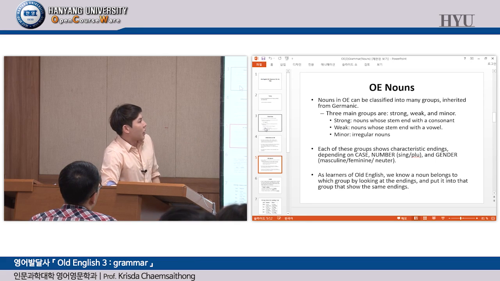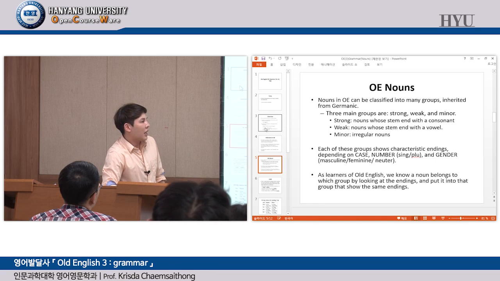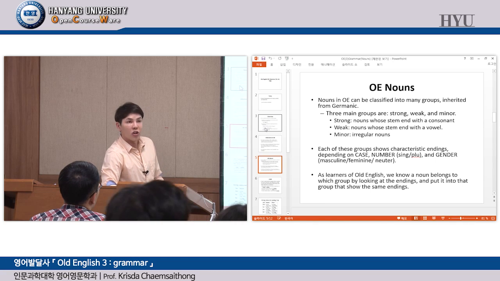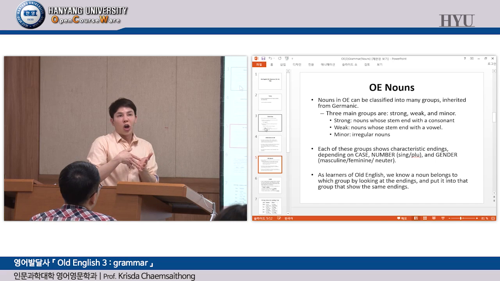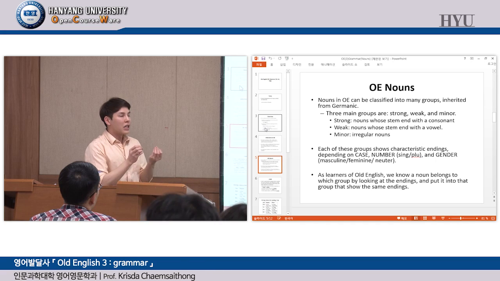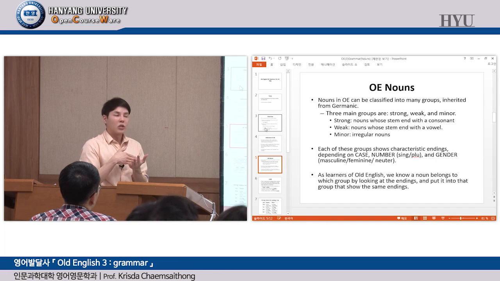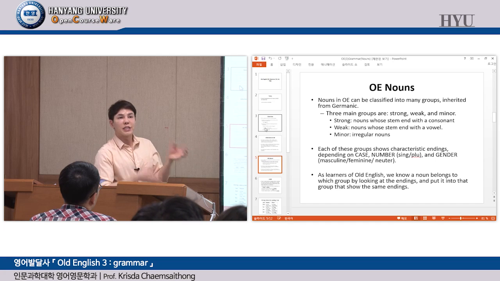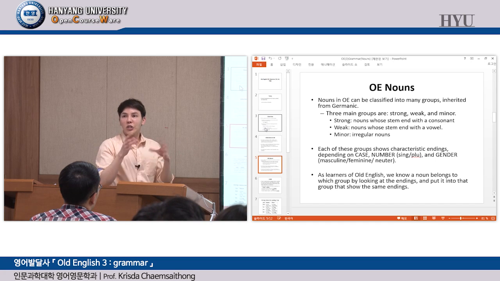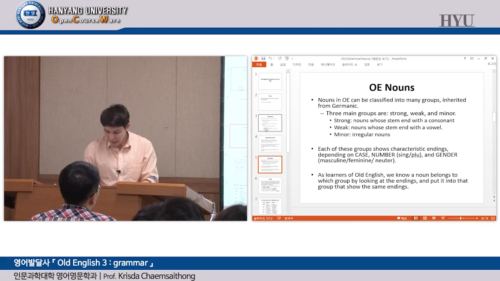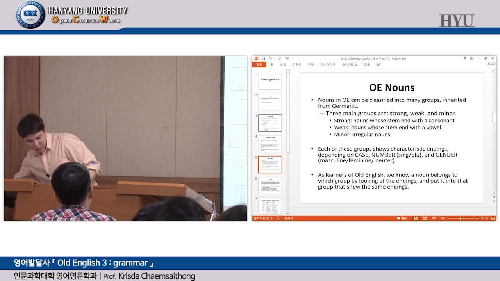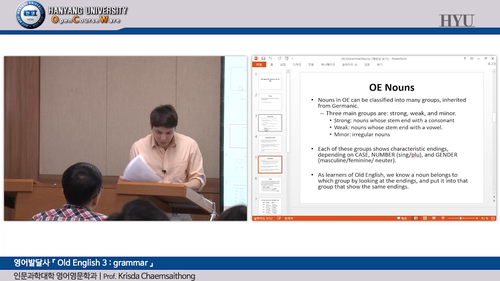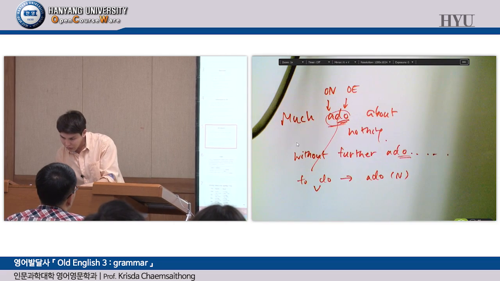Each of these groups shows characteristic endings depending on case, number, and gender. Nobody knows why a noun is strong or why a noun is weak. As learners of Old English, we know that they are strong because they show similar endings, so we put them into the same group. Where's my marker? So just think about, for example, let me switch to this.